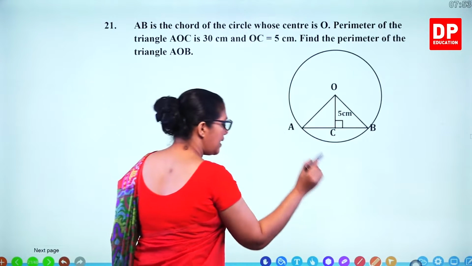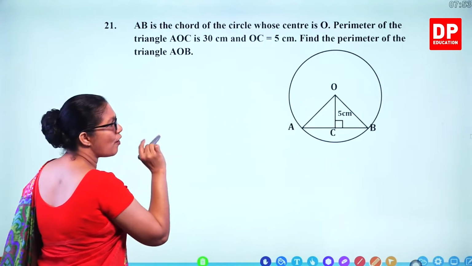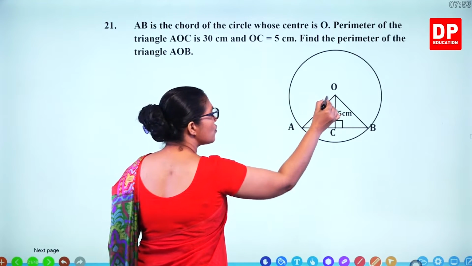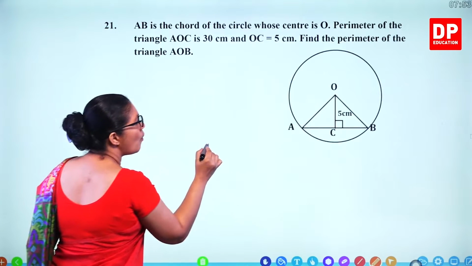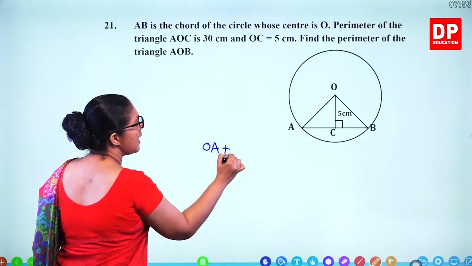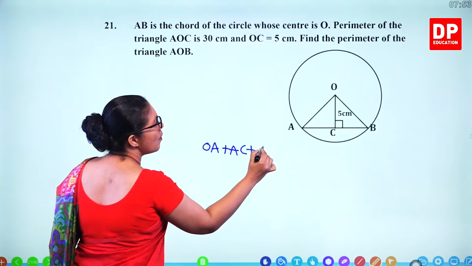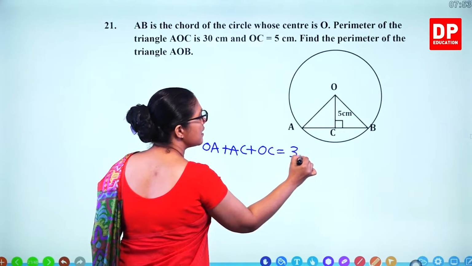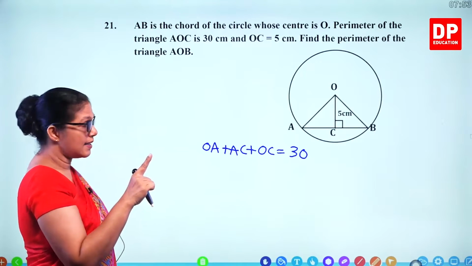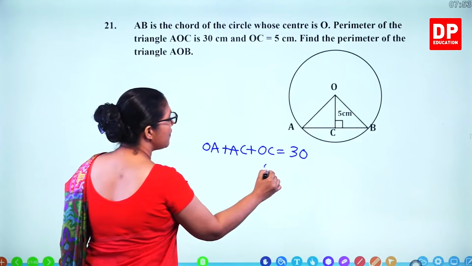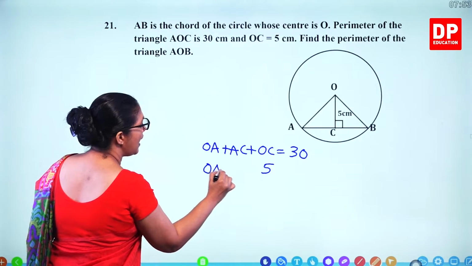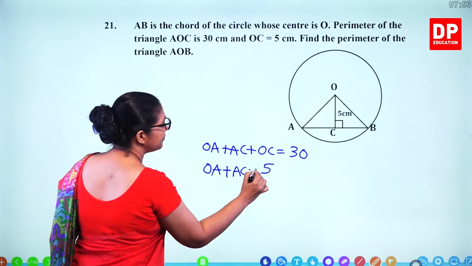Now we can easily use the perimeter for AOC. So AOC means OA plus AC plus OC is equal to 30. All the outer lengths. But OC is 5. So what is OA and AC?